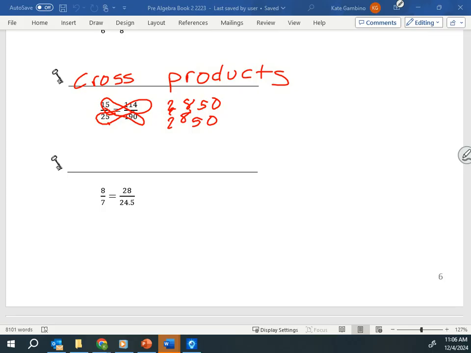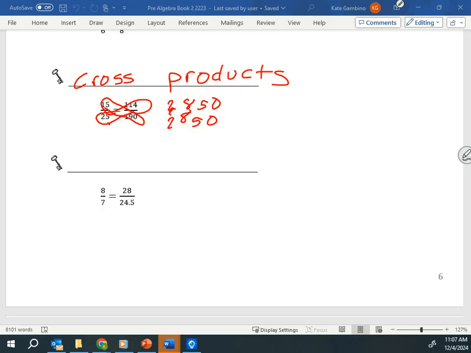We could have even looked at the simplifying one that's above it. 3 times 8 is 24. 4 times 6 is 24. So using those smaller numbers, we know we could have simplified it down. You can use any of these to prove that fractions are proportionate. Some are easier to use than others.